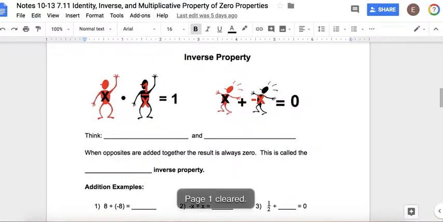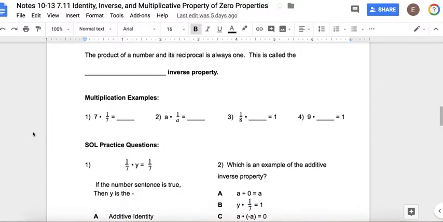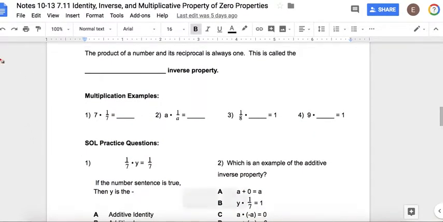Okay, let's move on to the multiplicative inverse property. So the product of a number and its reciprocal is always 1. Remember, reciprocal is the flip of a number. This is called the multiplicative inverse property.